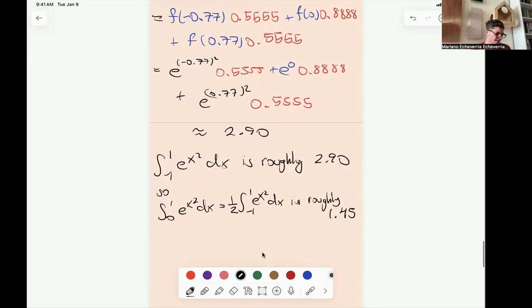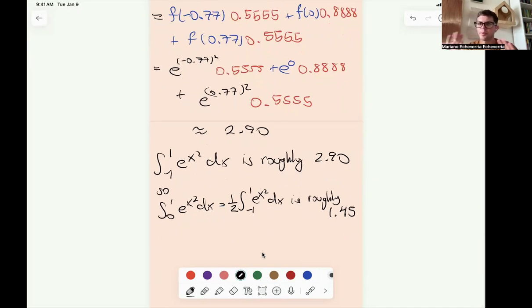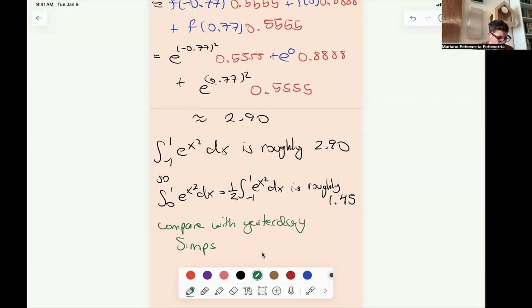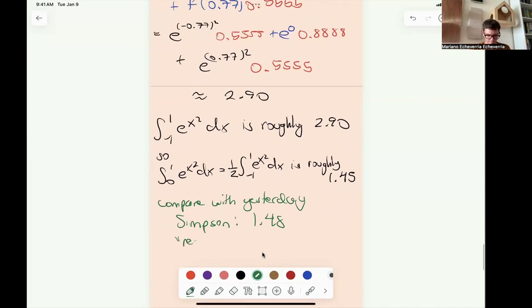Yesterday with Simpson's rule we found 1.48, and the real value, the one Wolfram Alpha would give you, was 1.46.